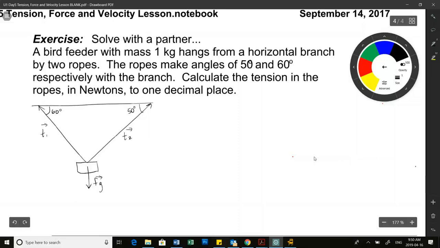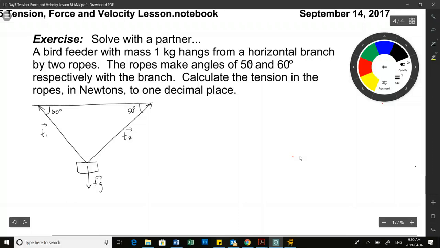You can see that I've labeled that in here. We'll label one tension number 1 and tension number 2. And we also have a force of gravity acting on our object as well.